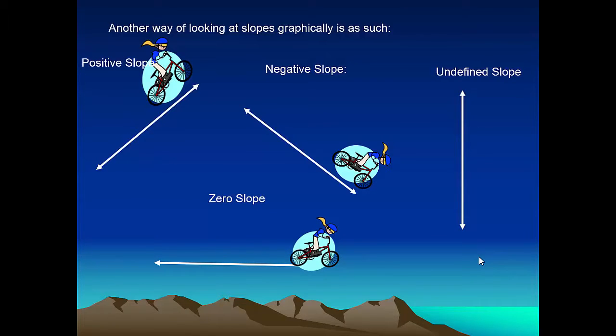We know this is an undefined slope, but with riding a bike, whether you're riding up or down, there is no way that you can ride a bike straight up or straight down without falling. So we know that that is impossible, and that is our undefined slope. So if you remember these, it will be easy for you to tell whether your slope is positive, negative, zero, or undefined.